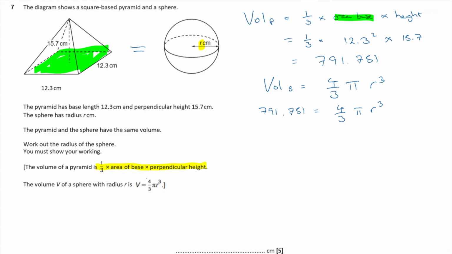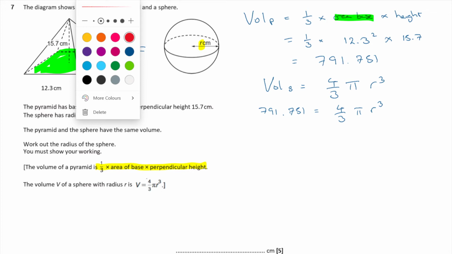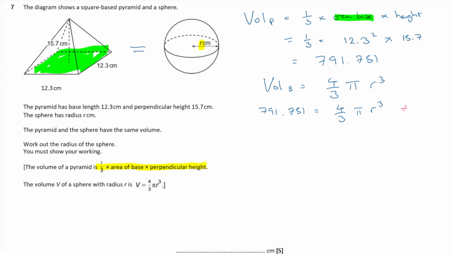So I'm going to multiply through by 3 and divide through by 4 pi, basically. That will cancel those all out on the left and the right, and then I'll get 791.751 over 4 pi times 3, aren't I?